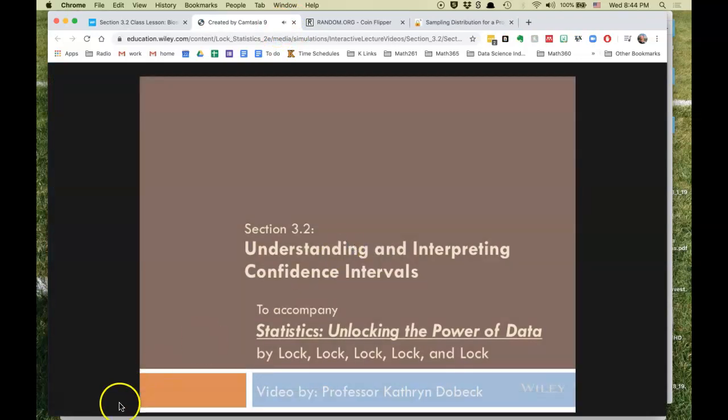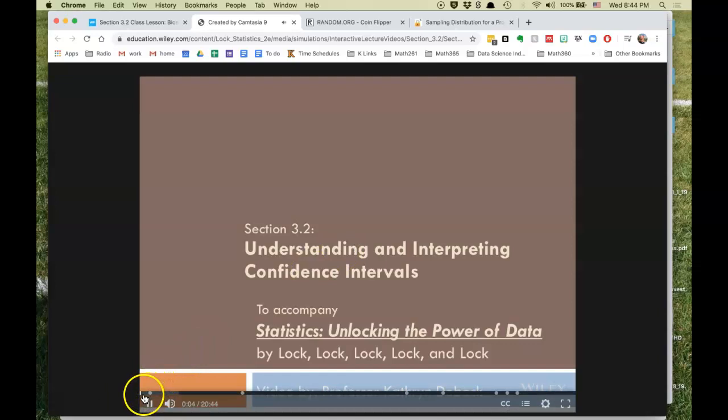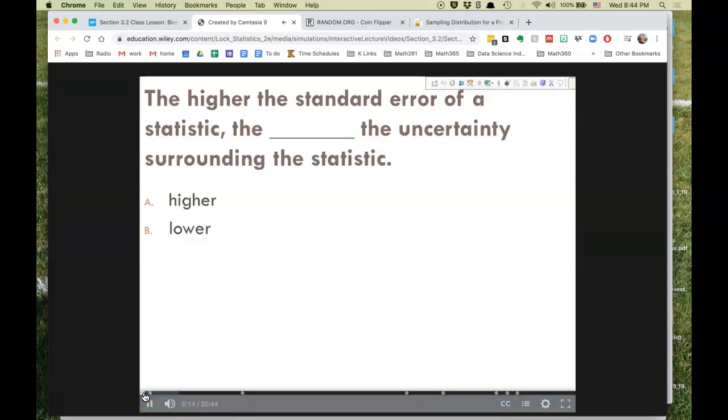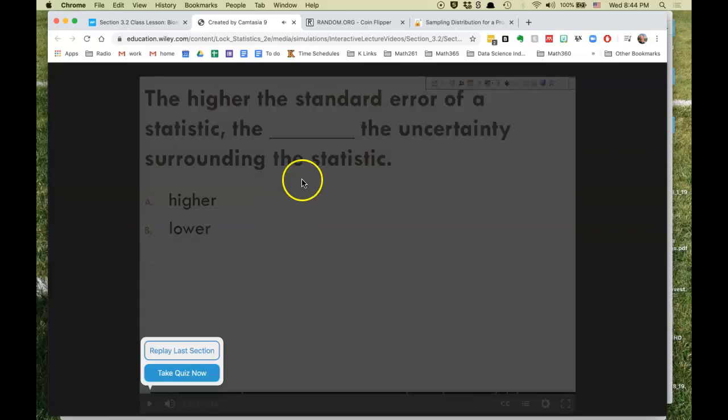In this video lesson, we'll discuss section 3.2. We'll take you through, but the nice thing is that it will pause at times. And so the question is, the higher the standard error of a statistic, the blank the uncertainty surrounding the statistic, higher or lower.